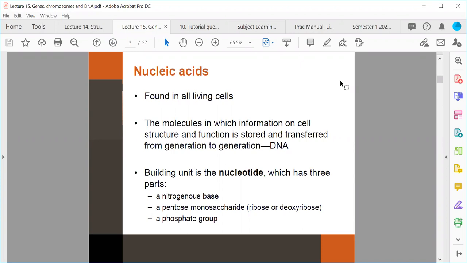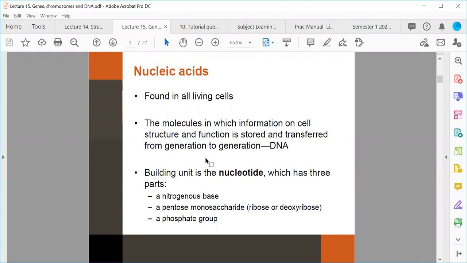DNA, of course, is the type of nucleic acid in which information on cell structure and function, and therefore the identity of the organism, is stored and transferred from one generation to the next. So the DNA and the functions of DNA basically enable a plant to be a plant and a horse to be a horse. But how does that happen?